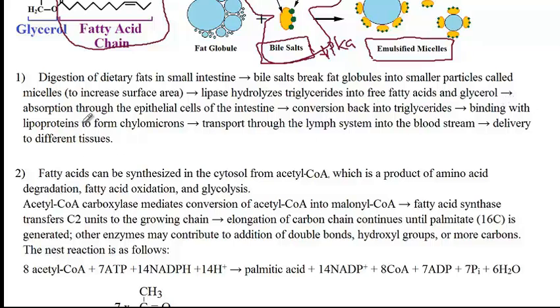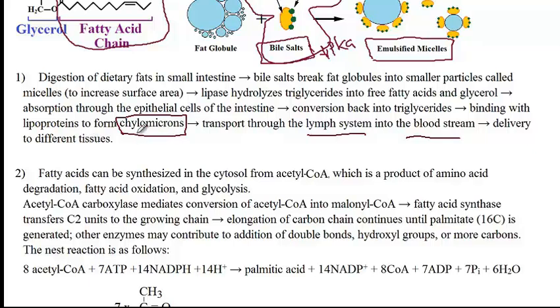From there, there would be absorption of these molecules through the epithelial cells of the intestine. Then they would convert back to triglycerides and bind to the lipoprotein to form the chylomicrons. The function of these chylomicrons is to transport the fat to the lymphatic system and then later on in the bloodstream, and from the bloodstream the fat can be delivered to different tissues.